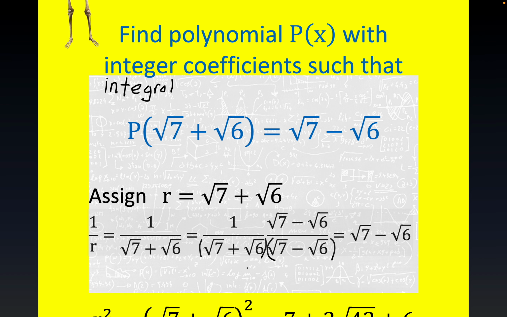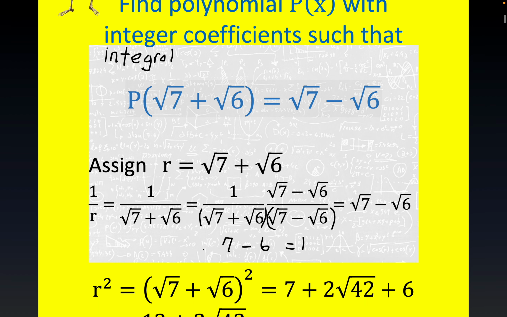So this would be equal to 7, since the square root of 7 squared is just 7, and then minus the square root of 6 squared, which is just 6. That's just equal to 1, right? So this whole thing is equal to 1, but that leaves the square root of 7 minus the square root of 6 as our result here, okay? So we have this result for the reciprocal of our input.